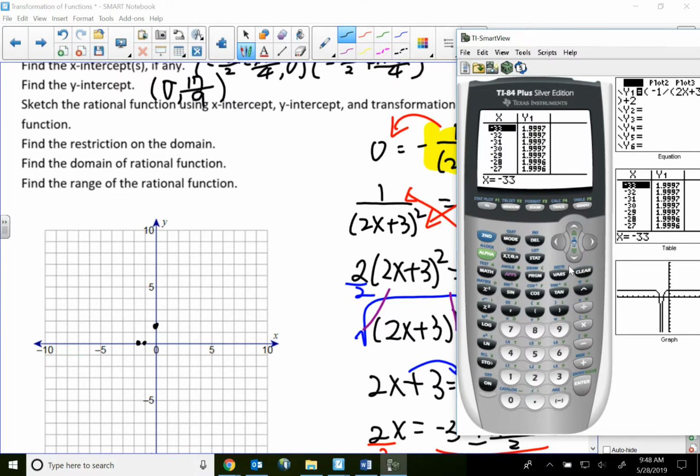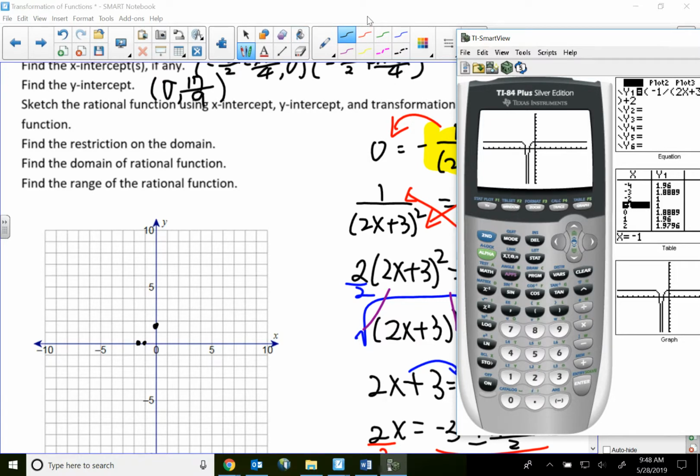If I go down in my table to look for the x-intercept, none of the y values are 0. So this tells me my x-intercept is not quite negative 1 or negative 2. As we saw earlier, it's very close to it, but not exactly.